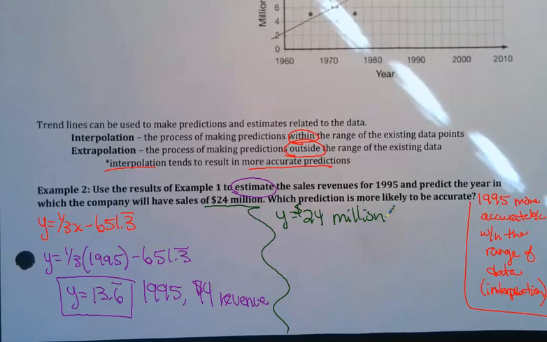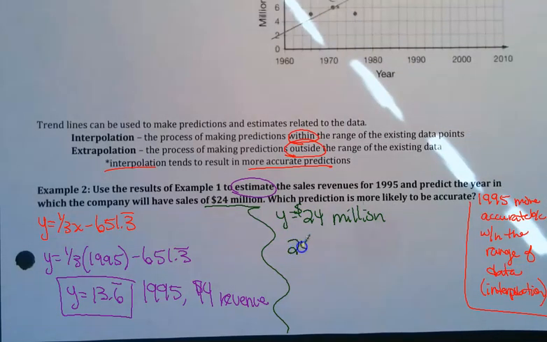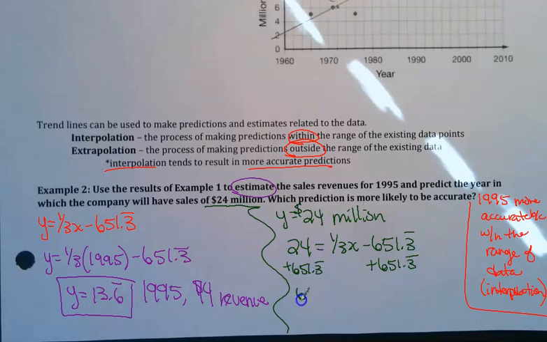Okay, so you should have 24 equals 1/3 x minus 651.3 repeating. You add 651.3 repeating. Was 1/3 x, okay. You did not divide by 1/3 correctly if you did that.